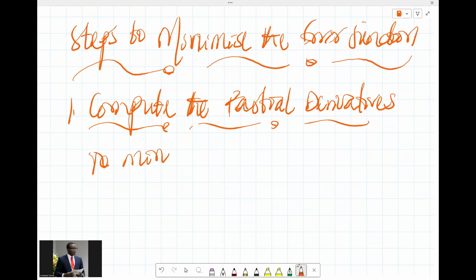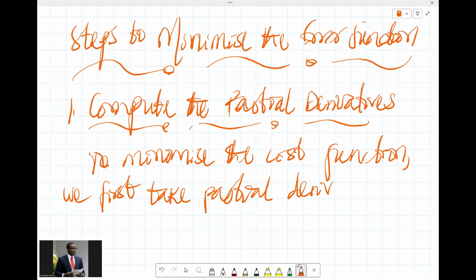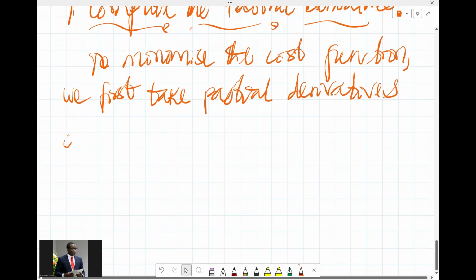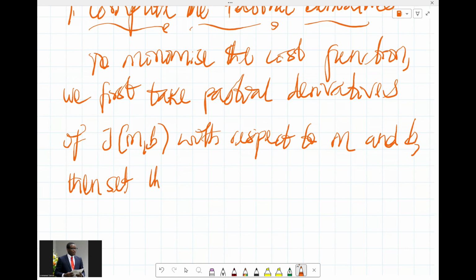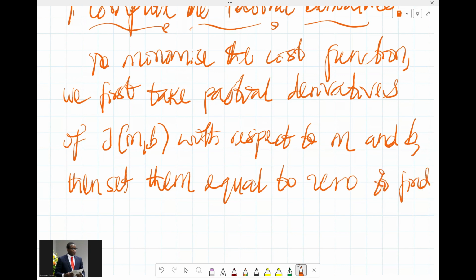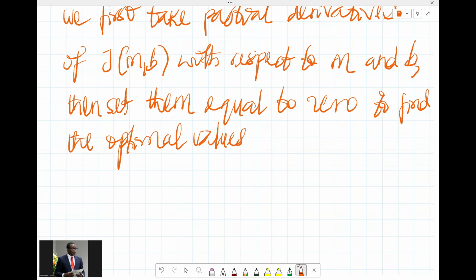To minimize the cost function, we first take partial derivatives of J(m, b) with respect to m and b, then set them equal to zero to find the optimal values of m and b.